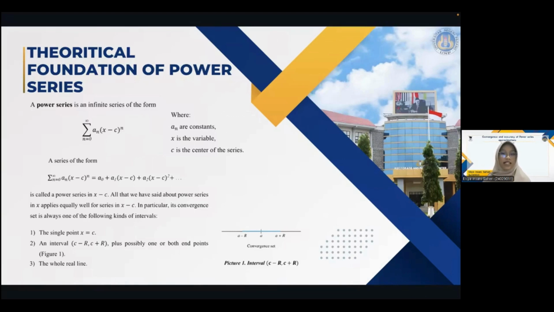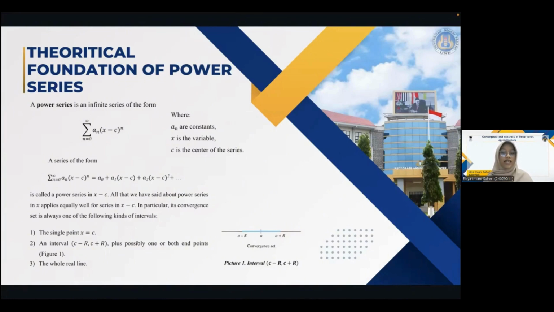The second is an interval, the open interval from c minus r to c plus r, possibly including one or both endpoints. R is called the radius of convergence. And the last one is the entire real line, meaning the series converges for all real values of x.